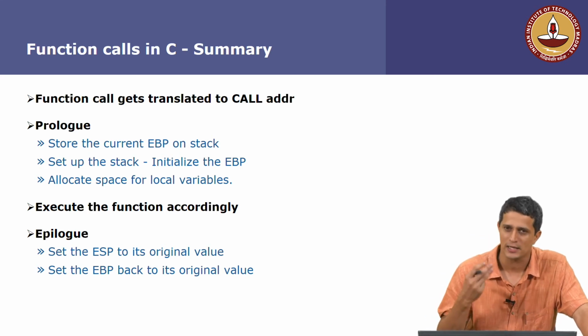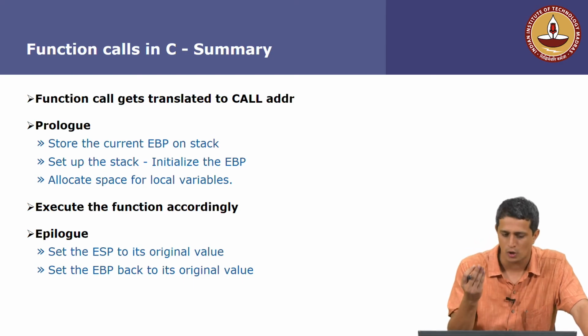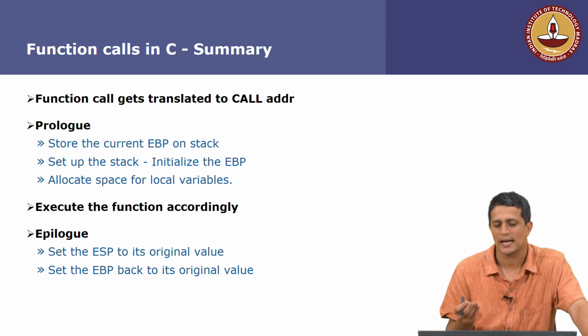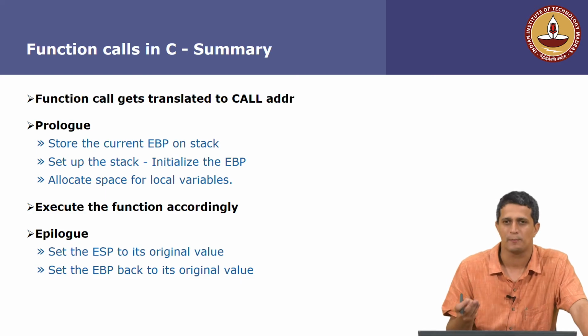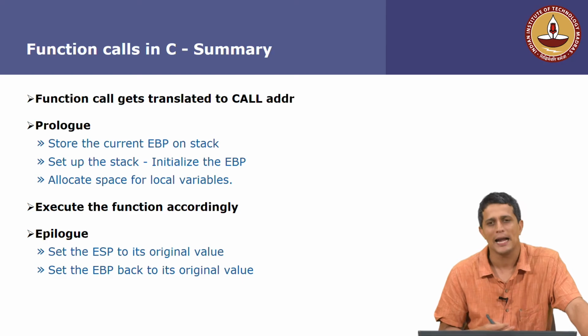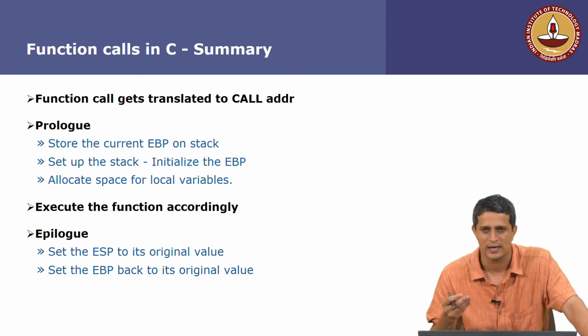It is exactly those 3 instructions that we added to store the current EBP on stack, which is storing the current context, setting up the stack, or initializing the EBP, which is setting up the context of the function fn, and allocating local variable space. These are the 3 tasks that happen in the prologue of a function.